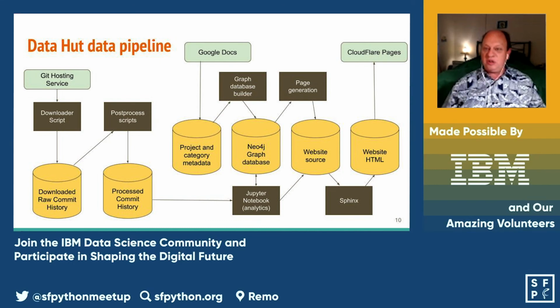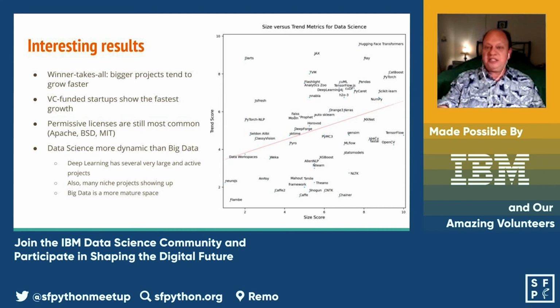Some interesting results. I was surprised that if you look at this chart, you see the line going up. I would expect it to be going down, that smaller projects would be growing faster. But I think this is more of a winner-takes-all trend, where a lot of projects get big backing, whether it's something like TensorFlow or PyTorch or CatBoost, which is being backed by a big search engine.